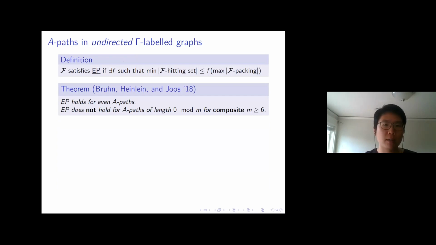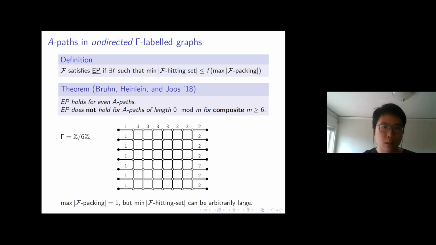But for even A-paths, they showed that this also holds. But it does not hold for A-paths of length 0 mod m, where m is any composite that's at least 6. So for 4, they don't say anything about 0 mod 4, but for any other composite number, they show that it does not hold.